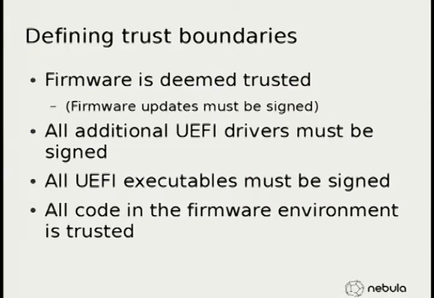The remote server can pass back a piece of data and ask for the TPM to encrypt the platform state and this piece of data, and then hand it back to the remote server. This is called remote attestation, and it lets the remote server determine whether your hardware is in a known good state or not. Obviously, if the platform's compromised, there's no way for the platform to know whether it's in a good state or not, but you can verify to this remote server that you either are or are not compromised.